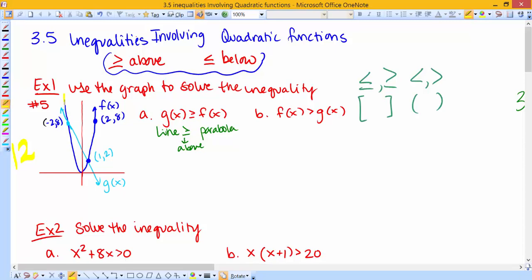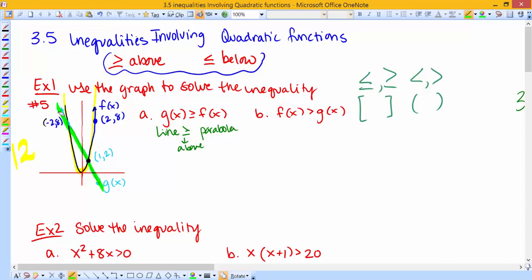So this is where it gets kind of tricky. If I put highlighter over my parabola, and then I put highlighter on my line, I can look here. If I start on the left side, do you see how the yellow is above the green? Here, the parabola, f of x, is above g of x.